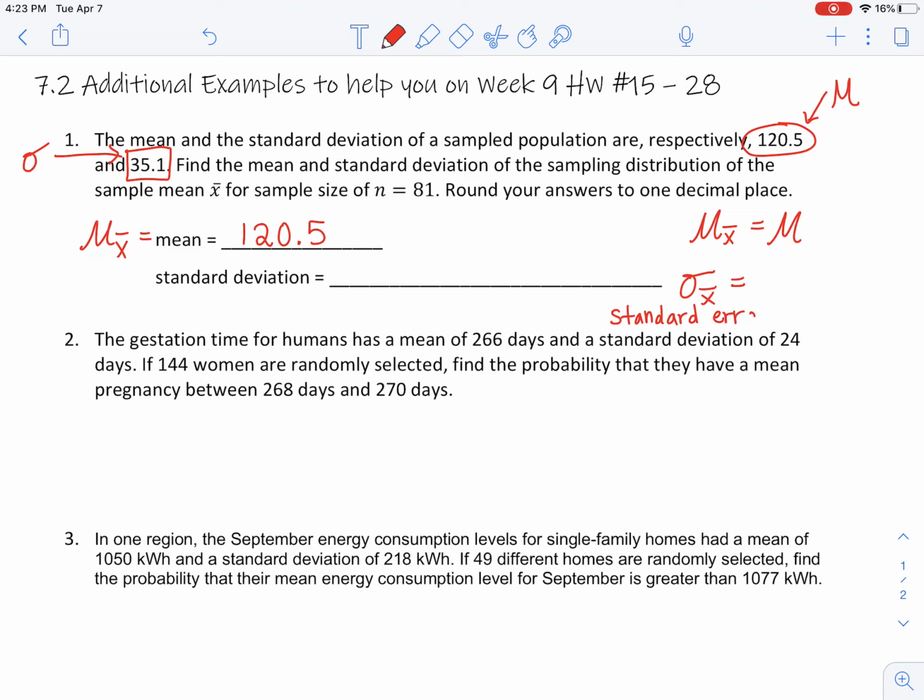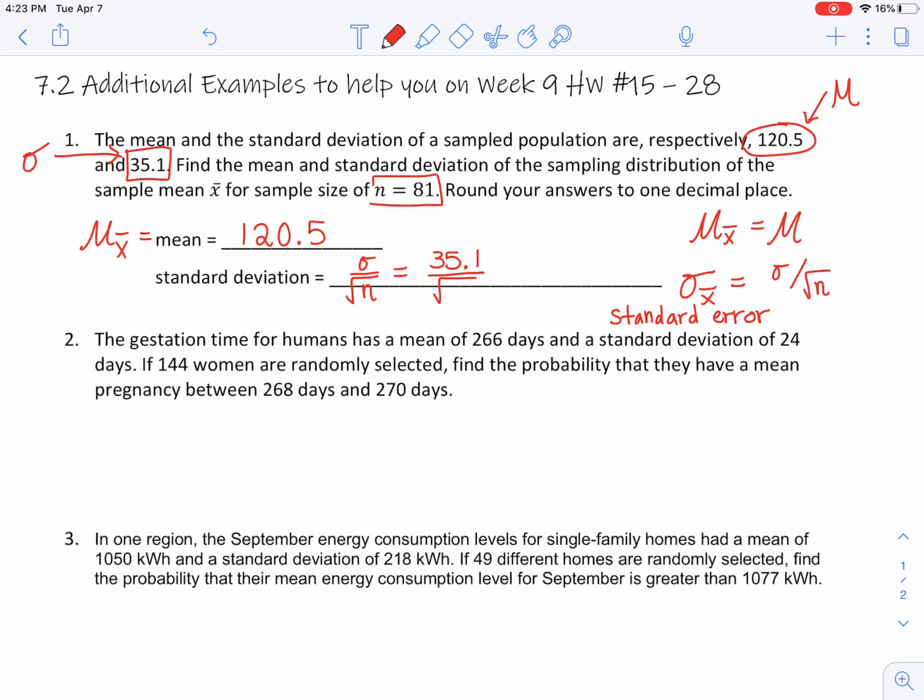Now the standard deviation of the sampling distribution of the sample mean, also called standard error. Let me write that down, standard error. That one, you have to use the formula: standard deviation of the population divided by square root of your sample size n.